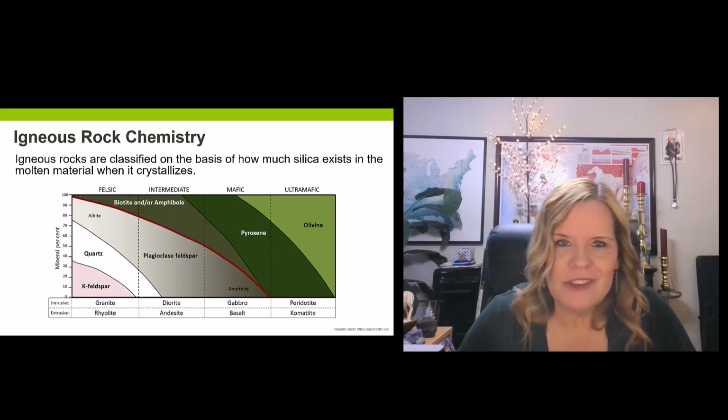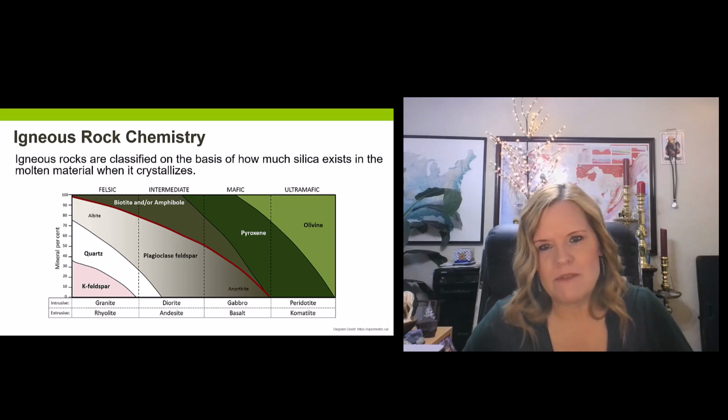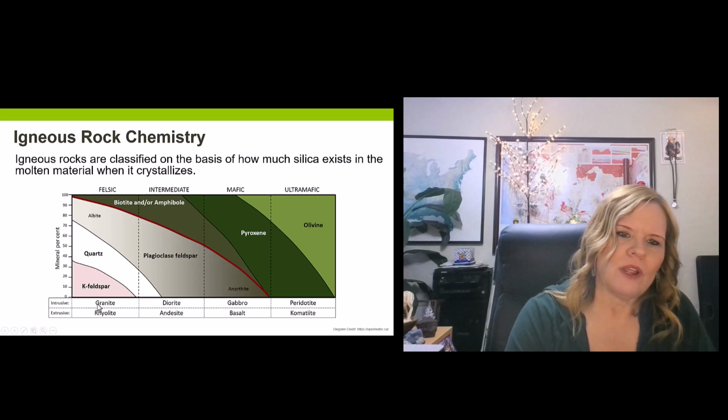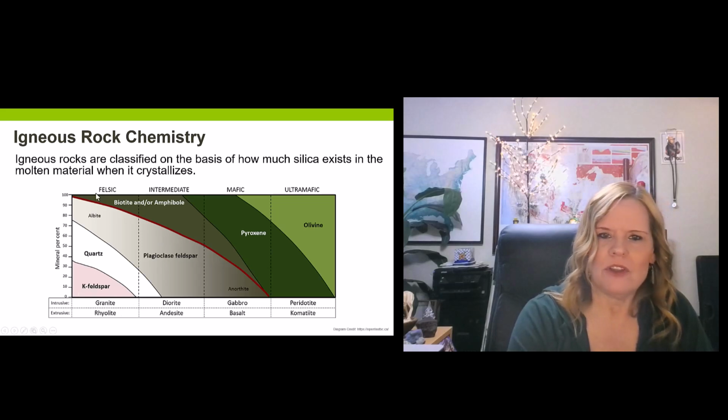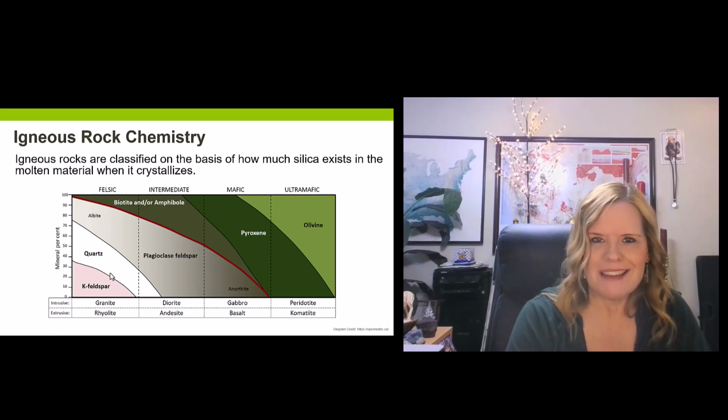The chemistry of igneous rocks matters. There are 4 chemistry groups: felsic, intermediate, mafic, and ultramafic. And notice that if you're in the felsic category, you're going to have very little of the green minerals, if any, but you're going to see that most of them are going to have a huge amount of what we call felsic concentrations of minerals that are high in silica.